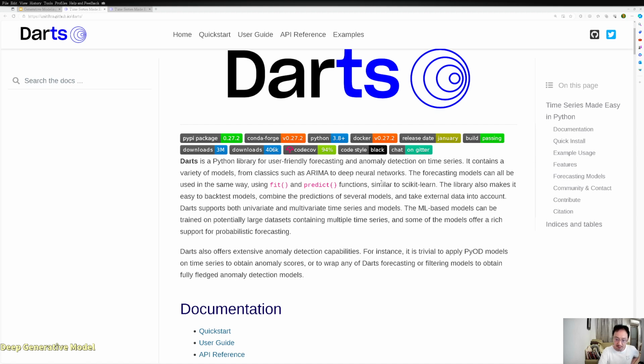Especially if your problem is a typical time series problem, it will be very easy for you to do so. And it has a scikit-learn-like interface, so you have fit and predict as well.